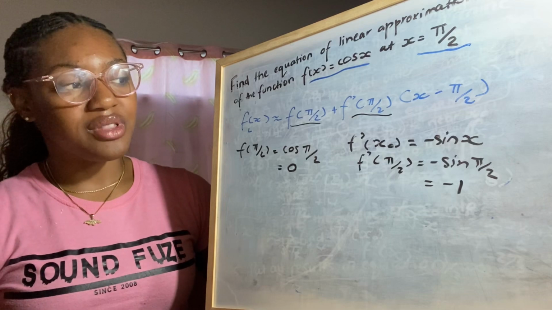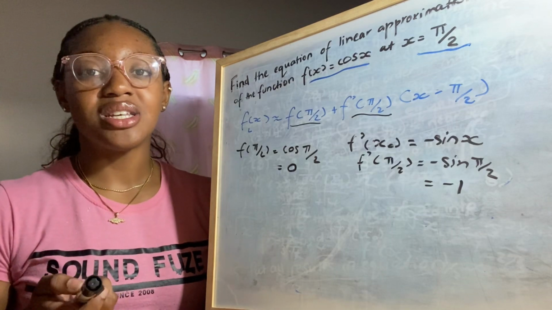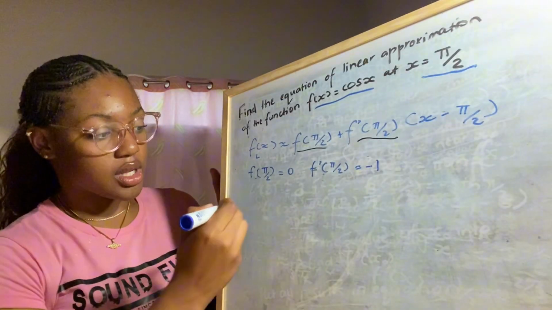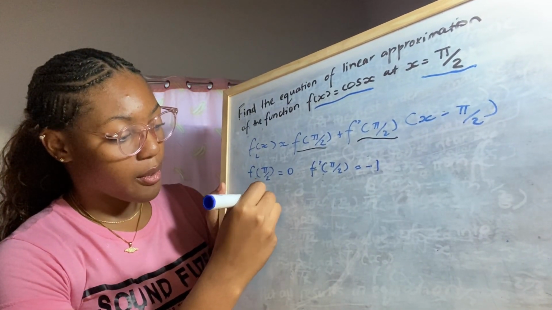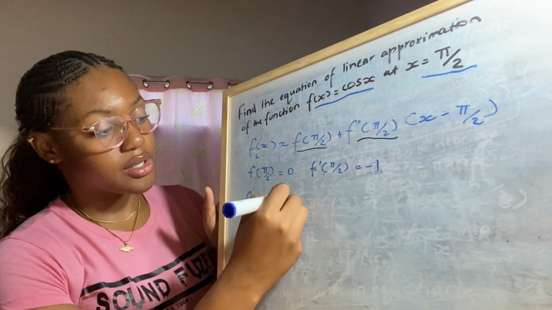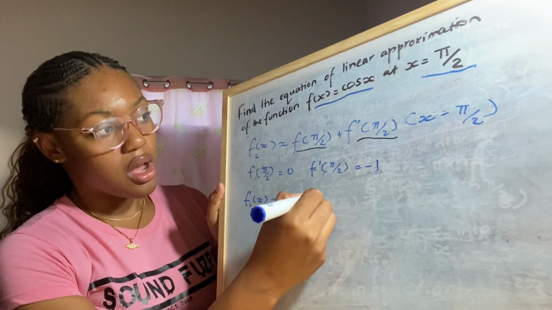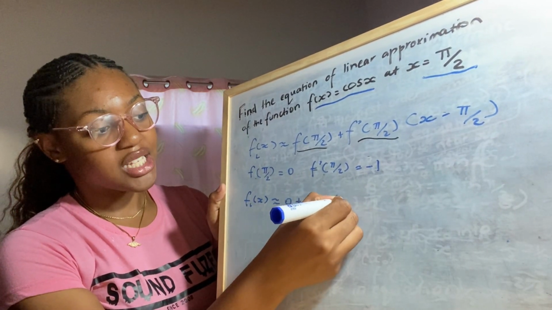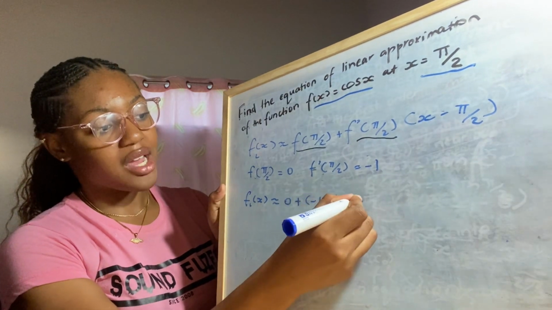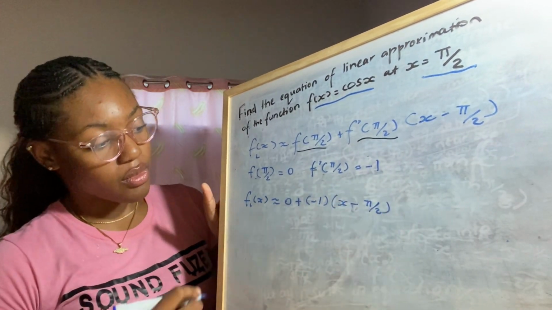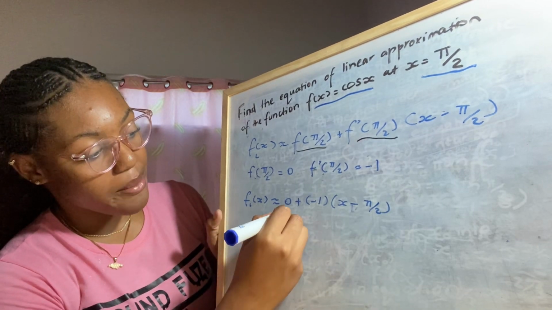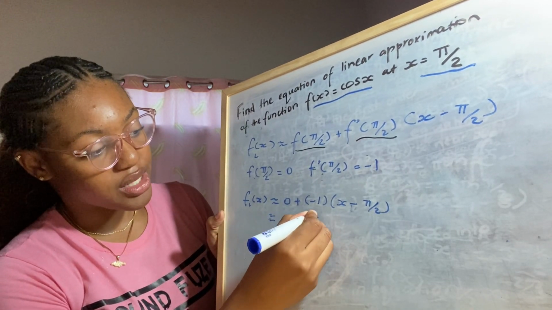And since we know these values, we're going to just substitute all of this in the equation. So here we're going to have, this is approximately equal to 0 plus minus 1 times x minus pi by 2, which would be approximately equal to minus, in bracket, x minus pi by 2.